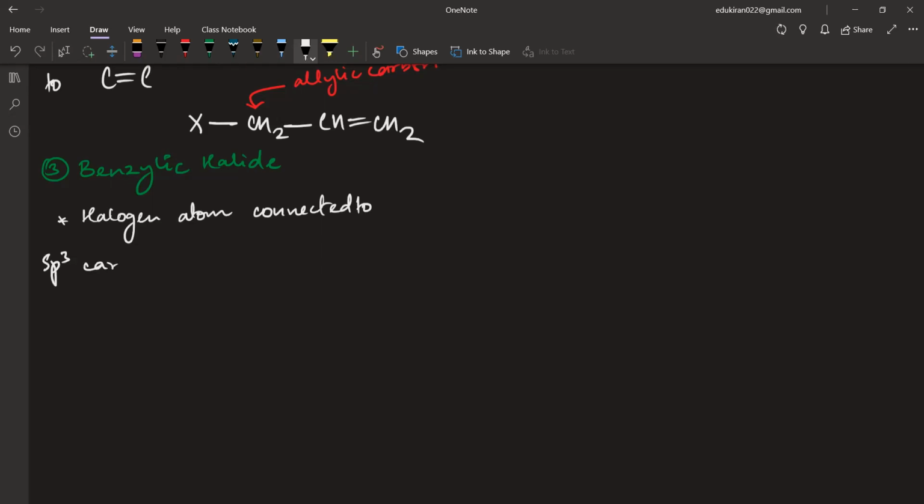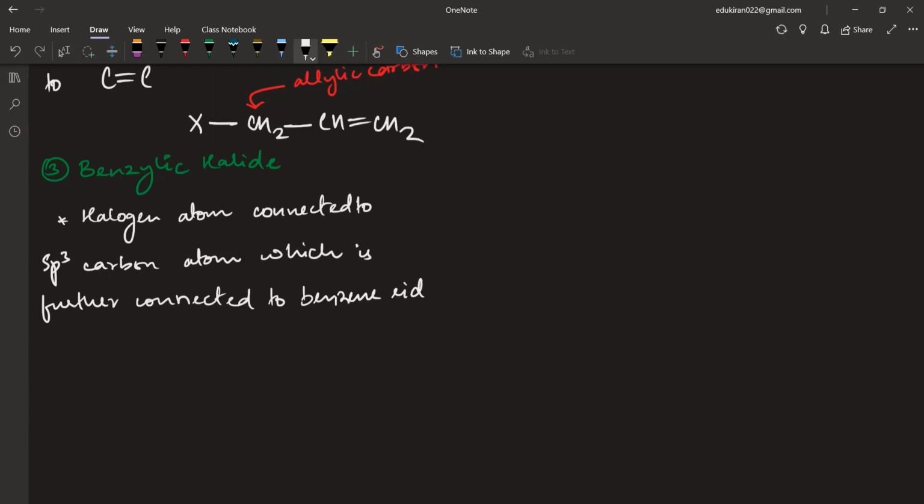The halogen is connected to an sp3 carbon atom, which is further connected to a benzene ring. What is connected to the benzene ring, carbon or halogen? Who is connected?